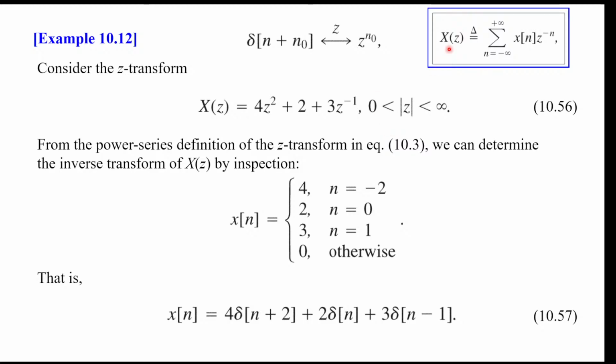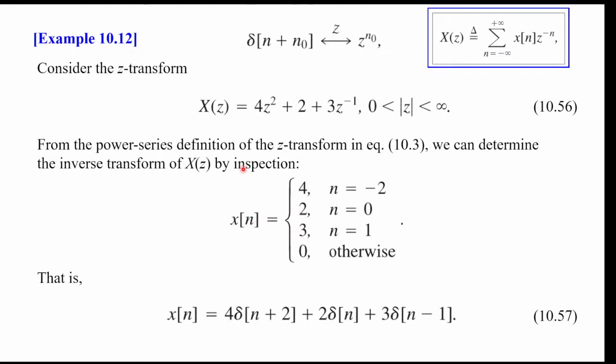And so we compare this to this, and we see this 4z squared term corresponds to n equal to minus 2, with x of n equal to 4. And then this 2 term is the n equal to 0 term with x equal to 2. And then this 3 z to the minus 1 term is the n equal to 1 term with x equal to 3. And then we have no other terms.